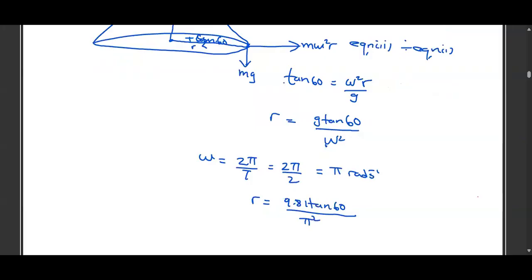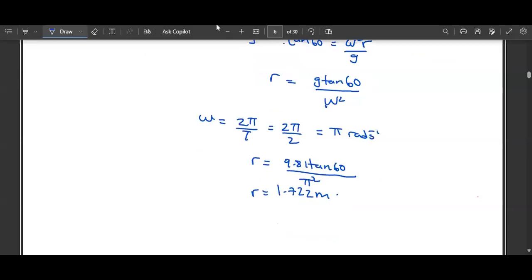Then we can substitute in using our calculators: 9.81 tan of 60, then divided by pi squared. I am getting r as 1.722 meters. That's the radius of the circle.